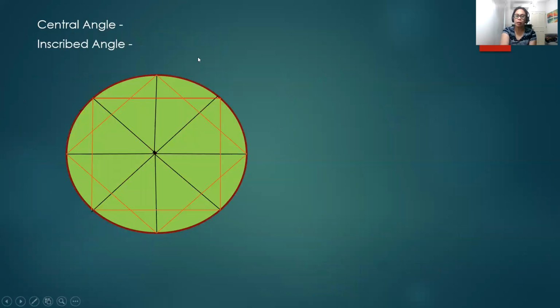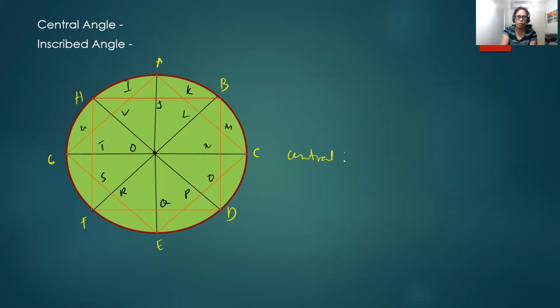Now, we go with angles of circles. So let's label this again. B, C, D, E, F, G, H. And then let's name that as circle O. So we have I, J, K, L, M, N, O, P, Q, R, S, T, U, and V. So for central angle, we can name some central angles here.